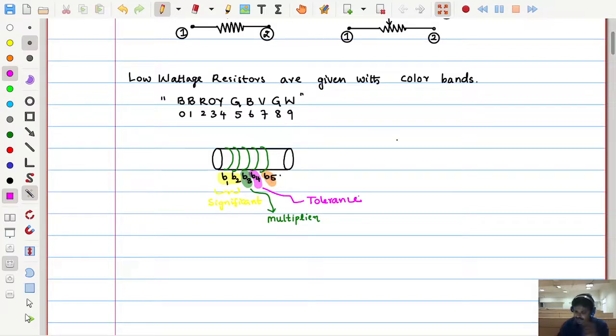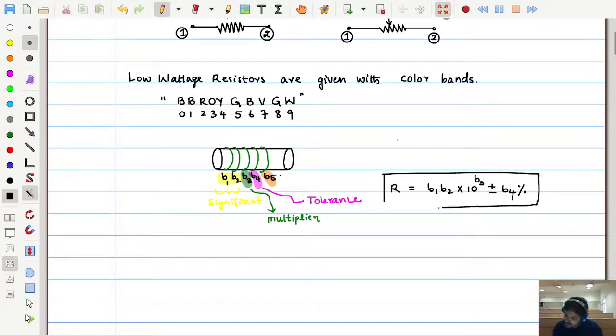Now based on these color bands, we can write the resistor value as R equal to B1 B2 into 10 power B3, plus or minus B4 percentage. Try to work these out to get the color coded resistance value.